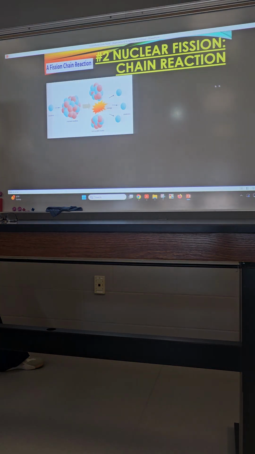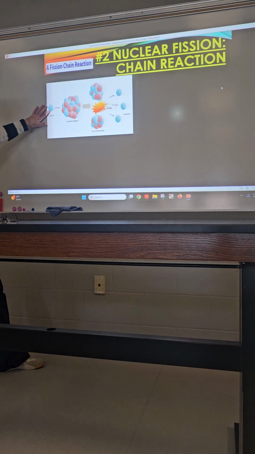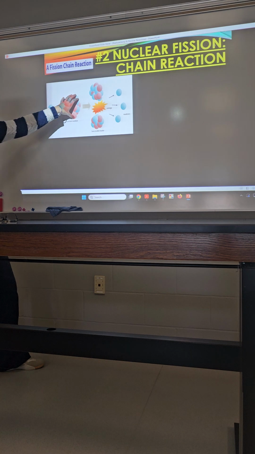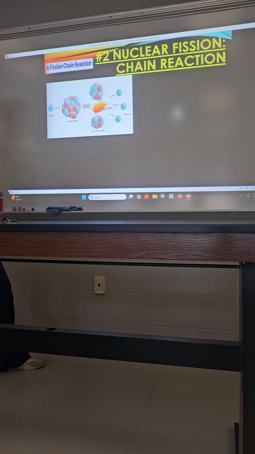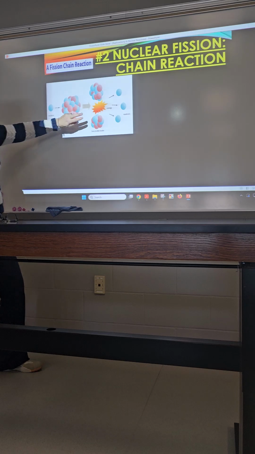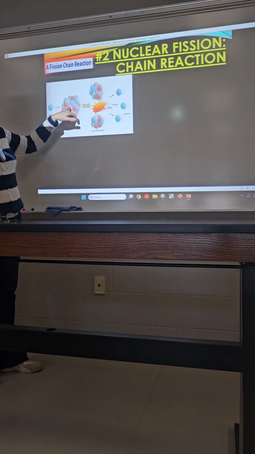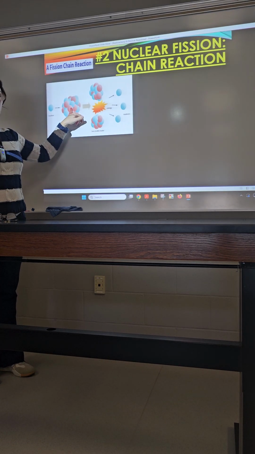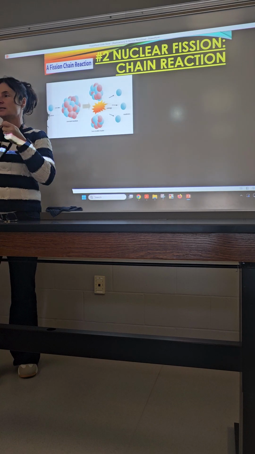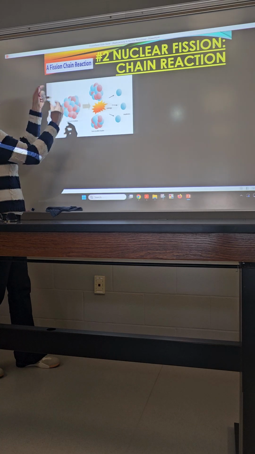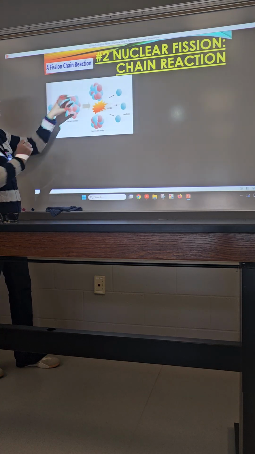Okay, so here we're seeing a single neutron. Here is a nucleus. Typically, this is a uranium nucleus. The neutron hits the uranium nucleus and causes the nucleus to split. You get two smaller nuclei. Because the neutrons are not destroyed and the protons are not destroyed, all that happens is like this hand of cards gets reshuffled, and now you have two hands instead of a single hand.